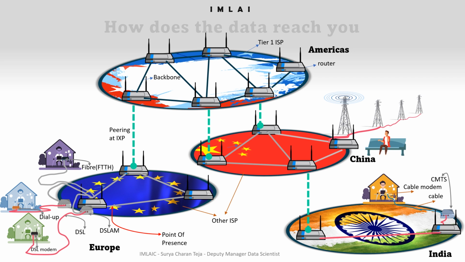IXPs can be large and independently owned facilities. One of the largest is the Amsterdam Internet Exchange Point. You can just Google it and you will get complete information about that.